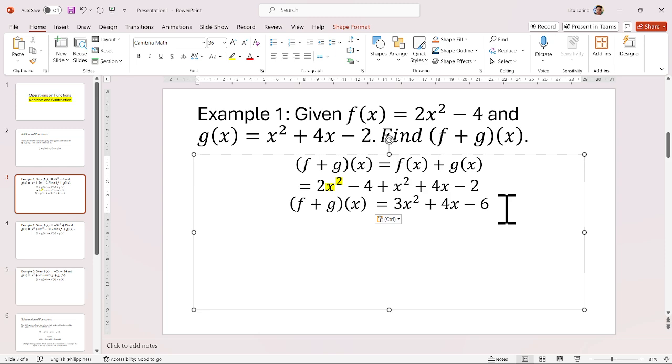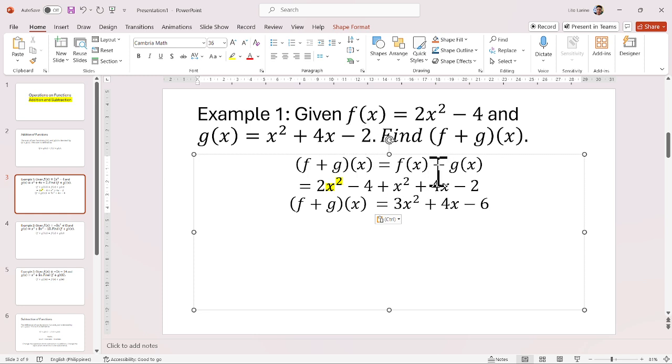What did we do? Again, we substitute in our formula, substituting the expression for f of x, which is 2x squared minus 4, plus the expression for our function g of x, x squared plus 4x minus 2.